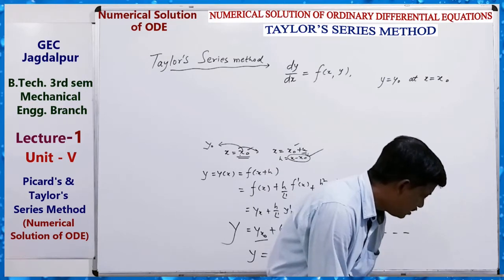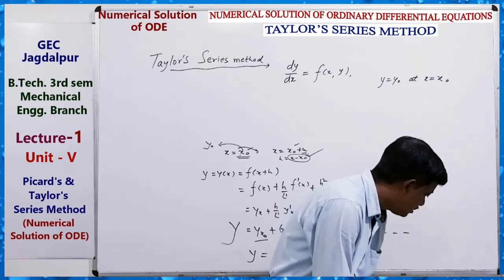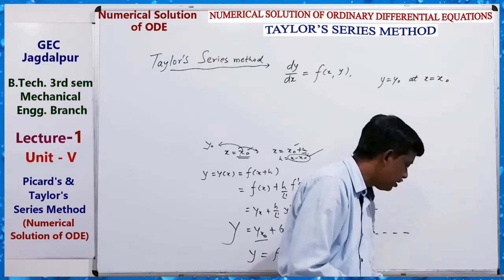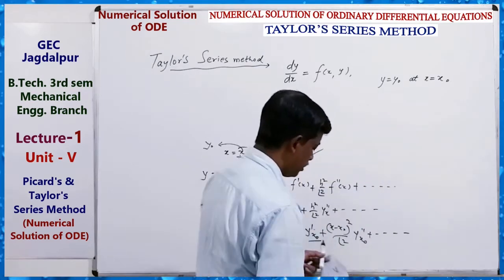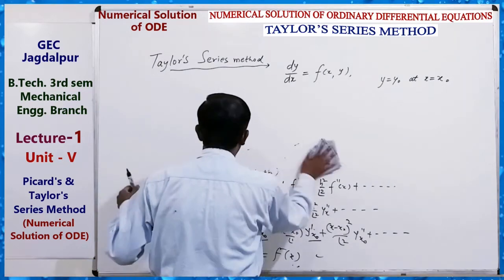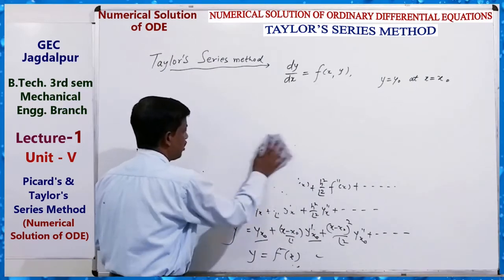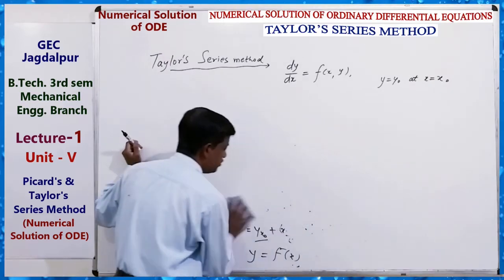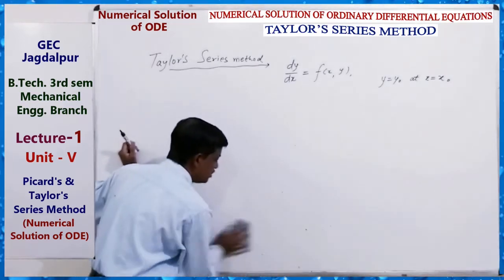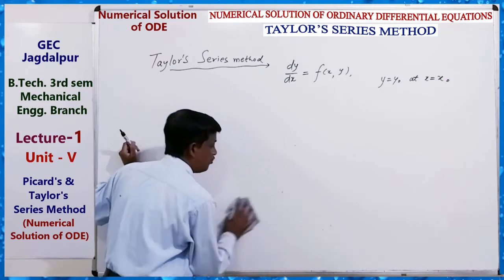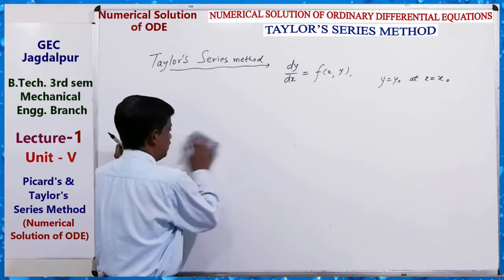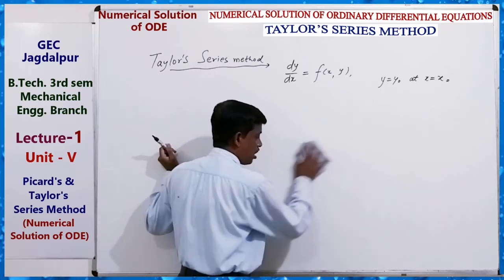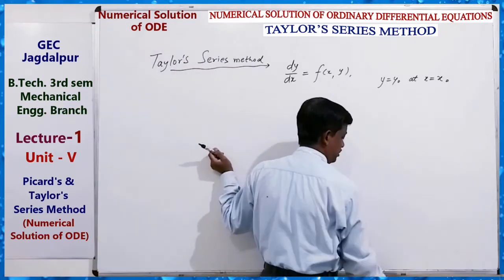So our method will be like this, the formula just. Here we require the value of different order derivatives of y at the initial point.